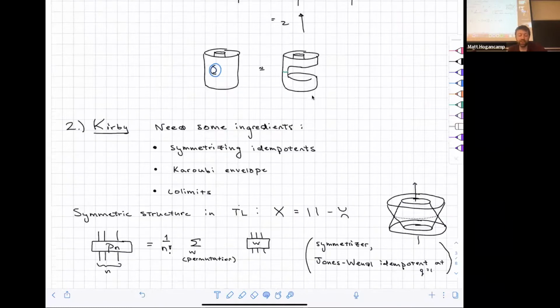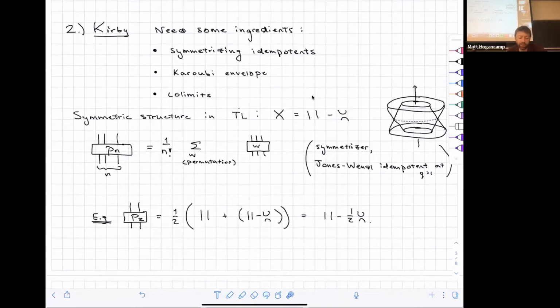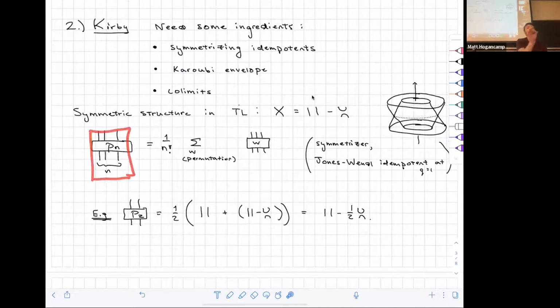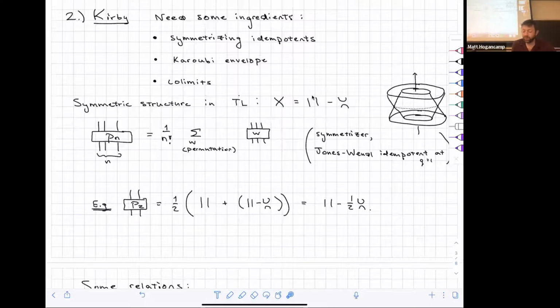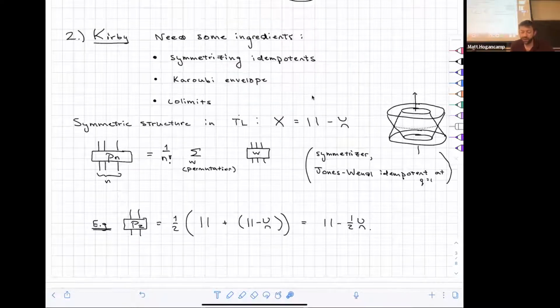And what I need to introduce next is symmetric powers in this category. So given the essential circle, I want to be able to talk about not just the nth tensor power of that circle, but rather the nth symmetric power of that circle. So for this, we need to define symmetrizers, and we need to pass to the Karoubi envelope. The Karoubi envelope is the sort of category you would get by adjoining images of idempotents. Anyway, the symmetrizing idempotent is just the usual thing.